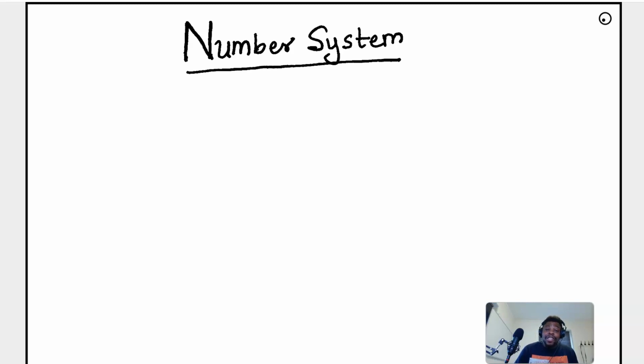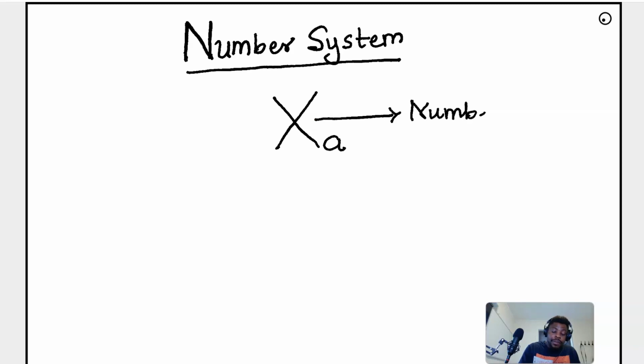Any mathematical expression or equation given as this is a number system or a number base, where this x is known as the number and the a is known as the base.